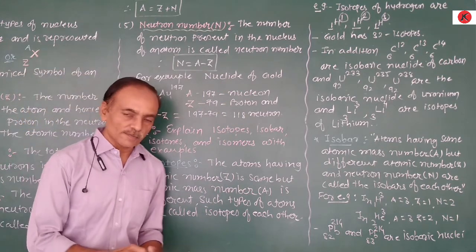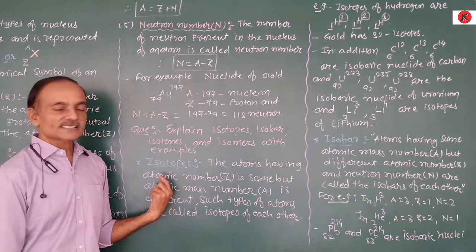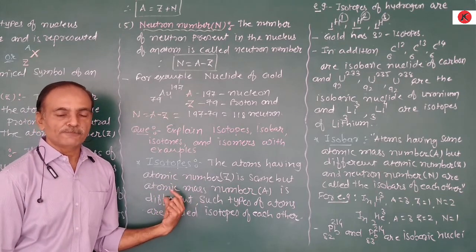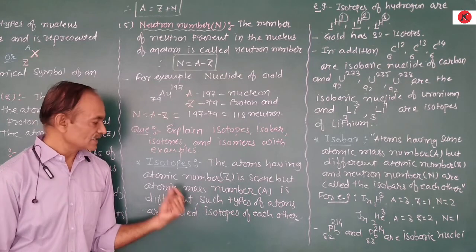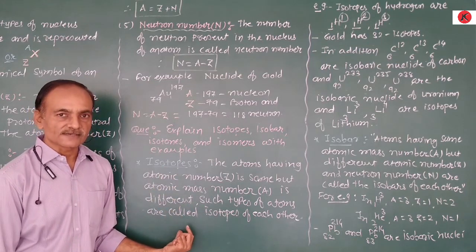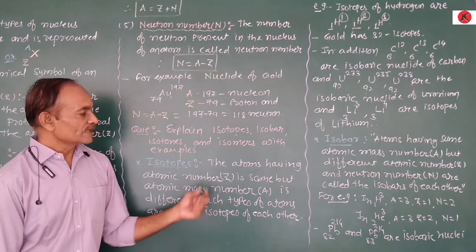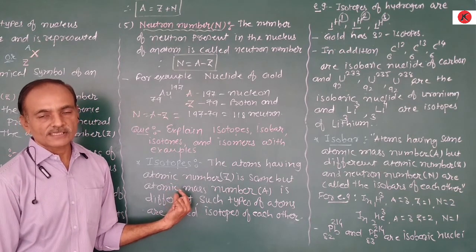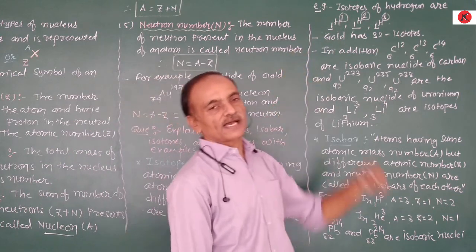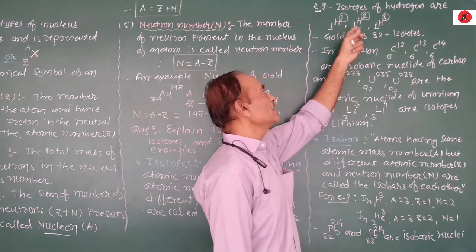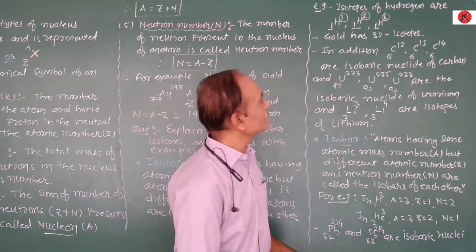Again, what is an isotope? The atoms having the same atomic number Z but different atomic mass number A are known as the isotopes of each other. So here the Z is the same for the atoms while the A are different. Therefore the isotopes of hydrogen are 1H1, 1H2, 1H3.